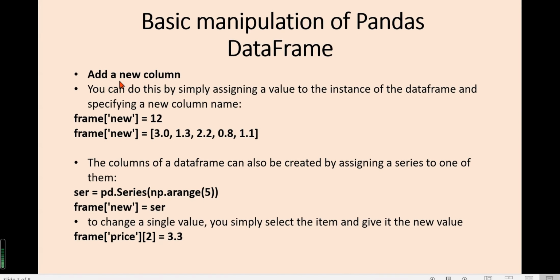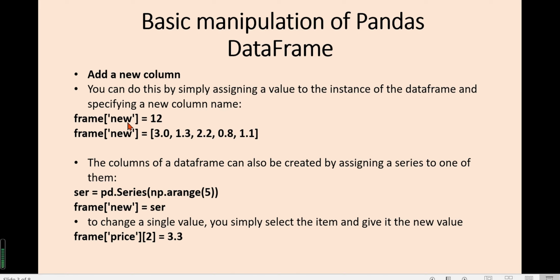And how to add a new column to the data frame? You can do this by simply assigning a value to the instance of the data frame and specifying a new column name. For example, we will add a new column called new to the data frame. We just write frame, then brackets, quotes, new.